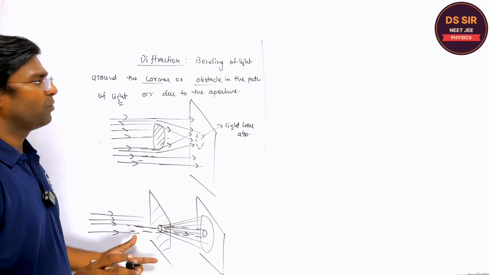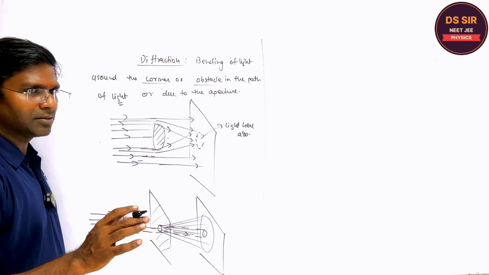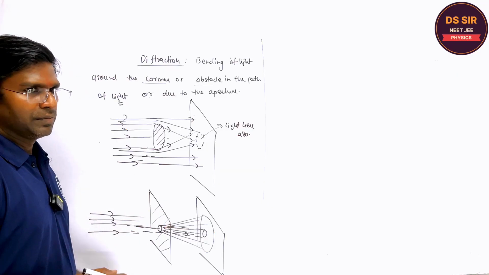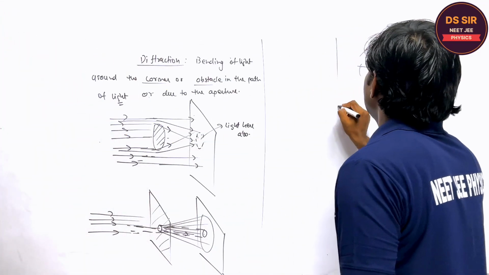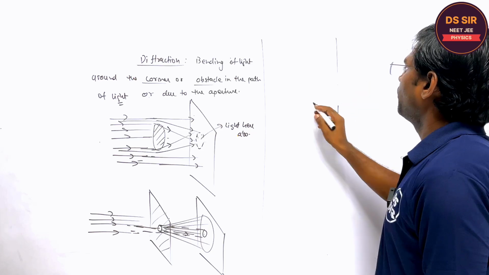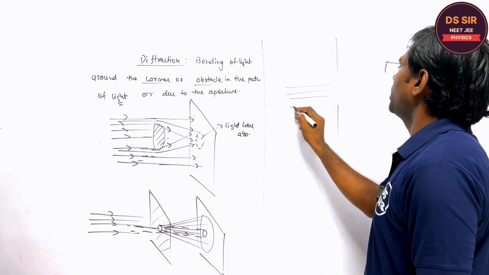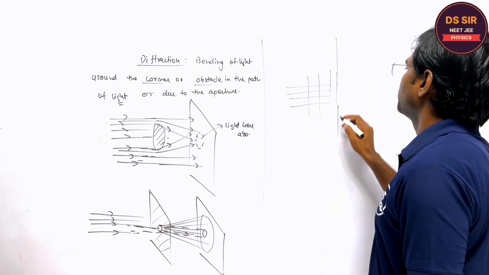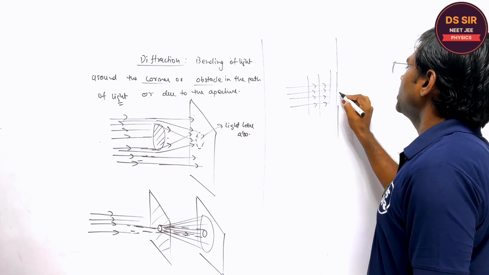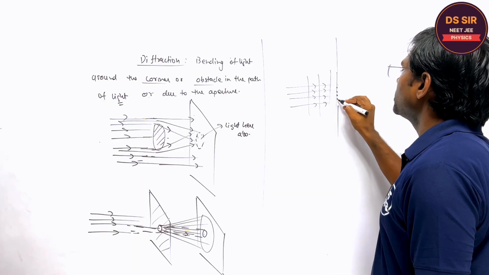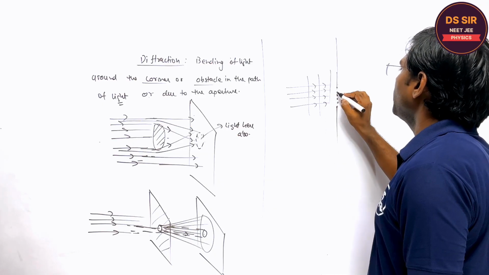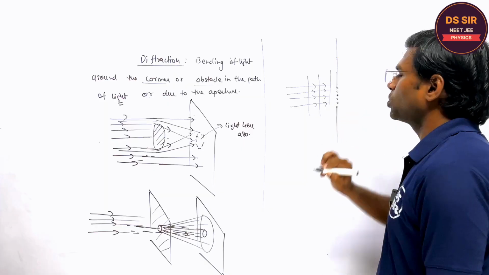Why is it so? Can you give the answer? Why is it diffracted? Listen, if this is the slit or this is the aperture you are assuming, when the light is over there in front of the wavefront, correct, Sanjay? According to the Huygens principle, every particle present on this wavefront acts as a new source of light.